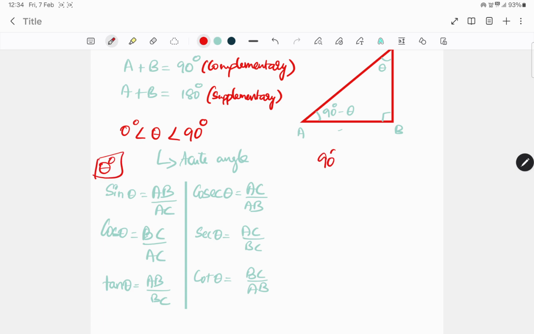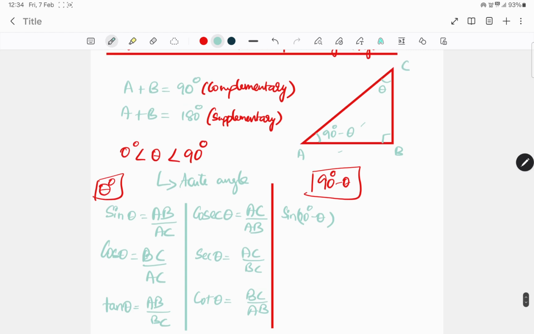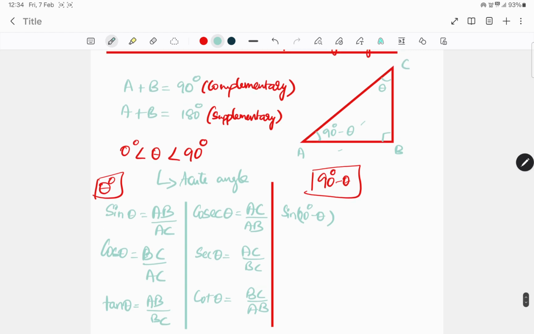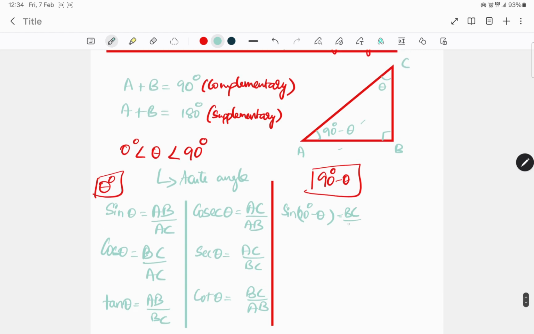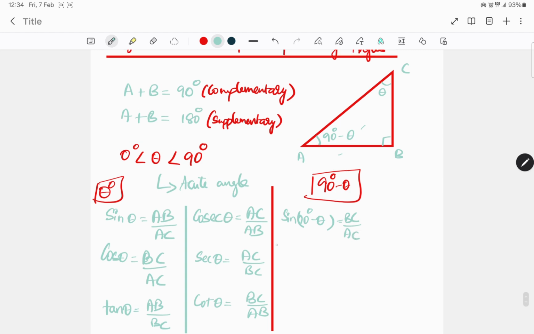Now we can find all the values for 90 degrees minus theta, right? Sin 90 degrees minus theta: the opposite side will be BC and the hypotenuse is the same, AC. So the value is BC by AC.